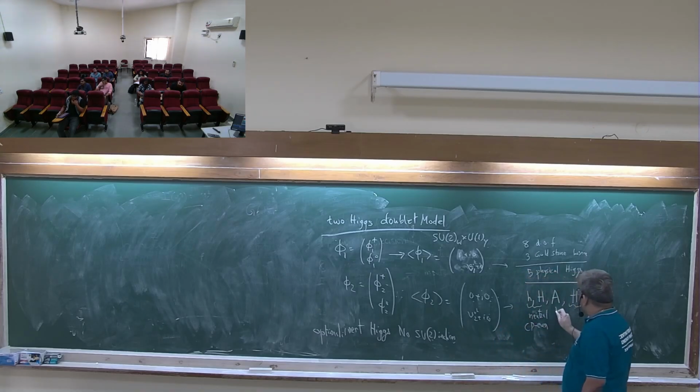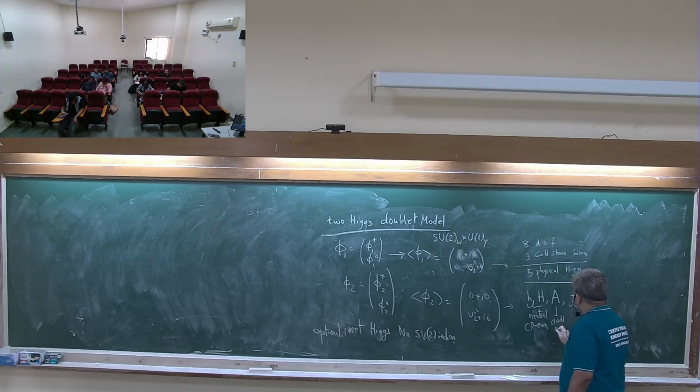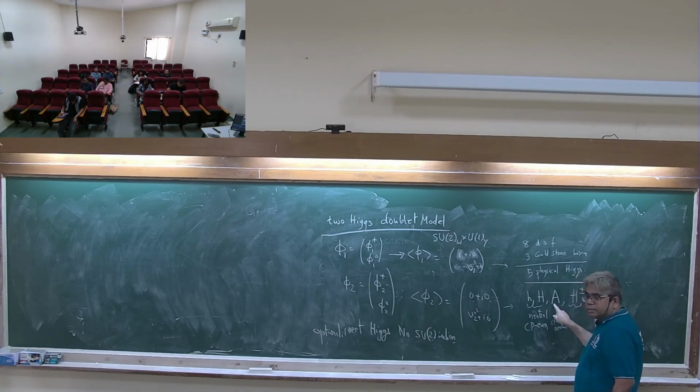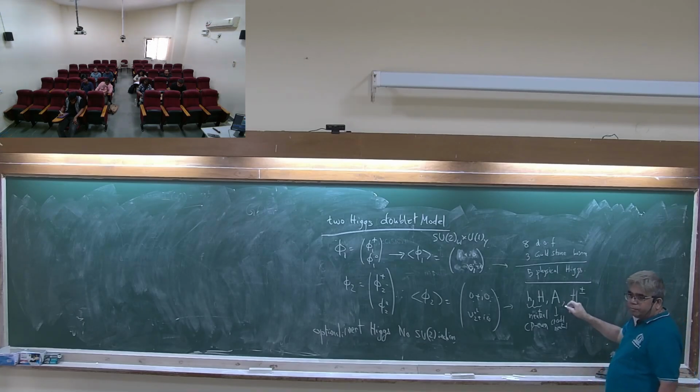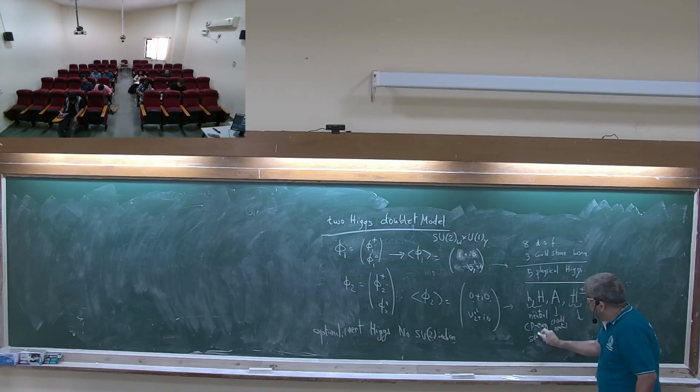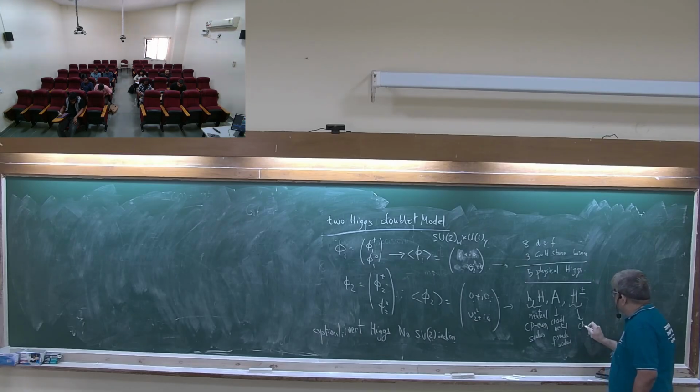Okay. This is called CP odd. This is also neutral. So this is parity violating, essentially. Okay. This is like a pion, say, if you want, essentially. CP odd means pseudoscalar. So these are scalars. This is a pseudoscalar and a charged Higgs.